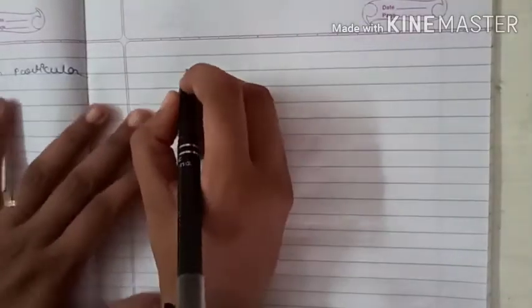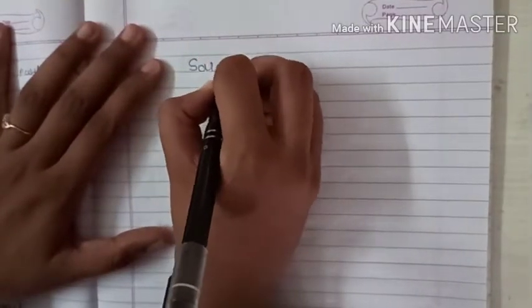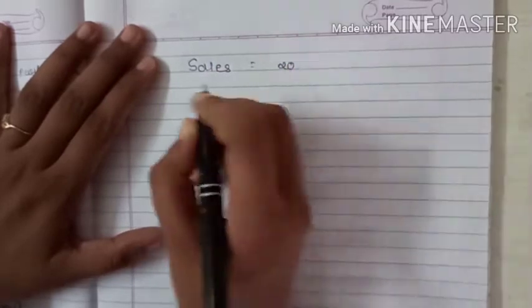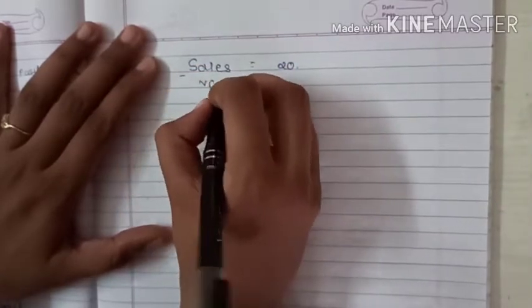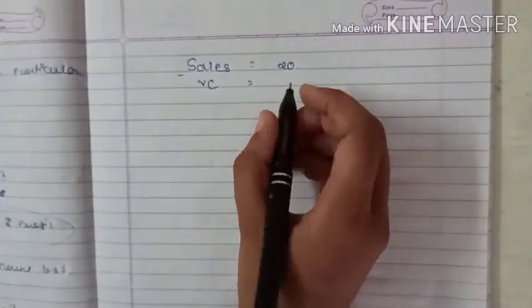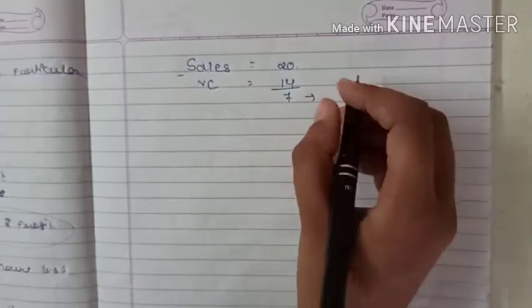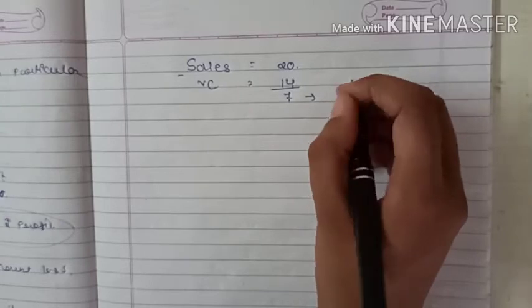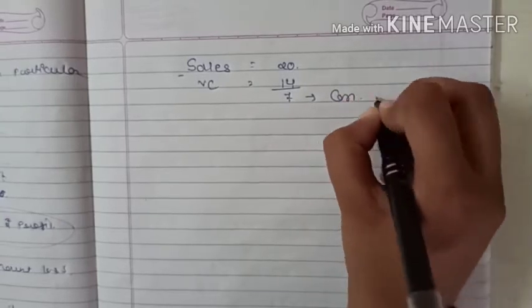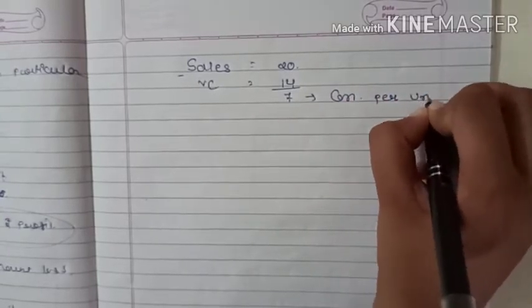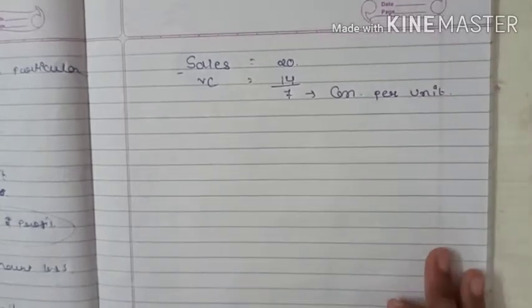So let's put it in the format. Sales rupees 20 minus variable cost. Variable cost is 14 rupees. Then 6 rupees we get. 6 rupees is contribution per unit. Contribution per unit. Right?